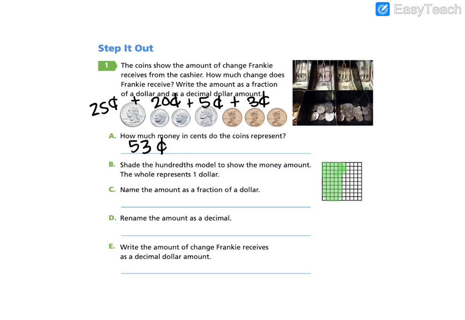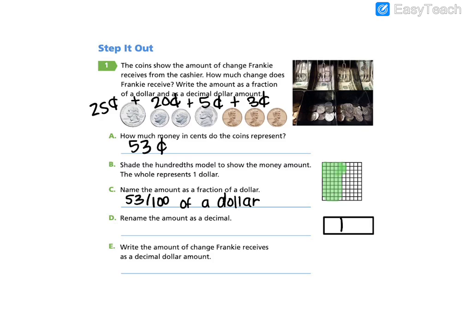Okay, so we need to name that as a fraction of a dollar. 53 cents out of one whole dollar, or out of 100 cents. Now we need to write this as a decimal.